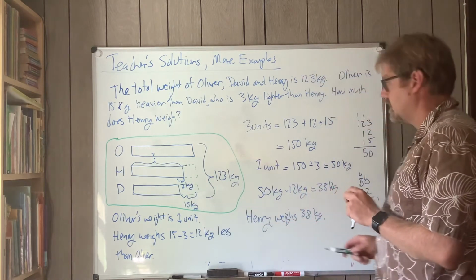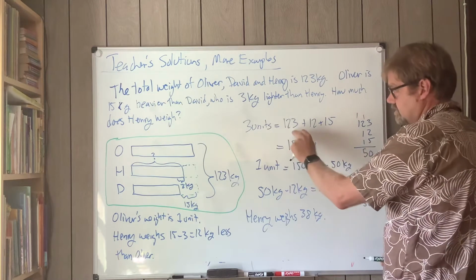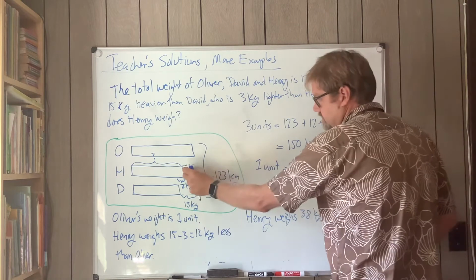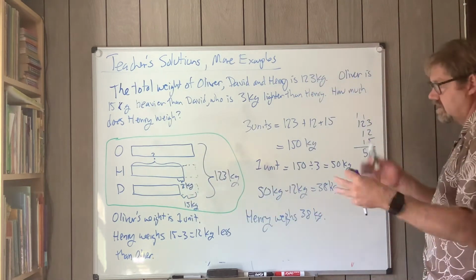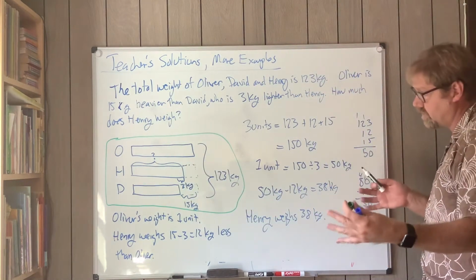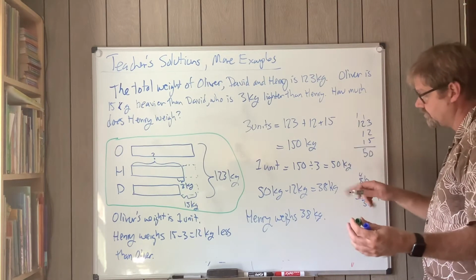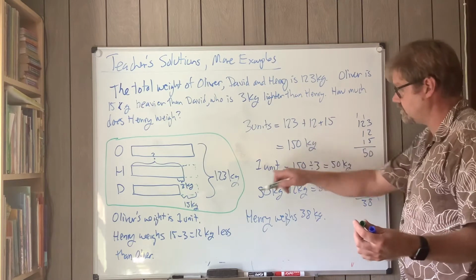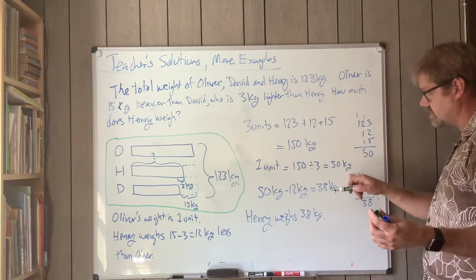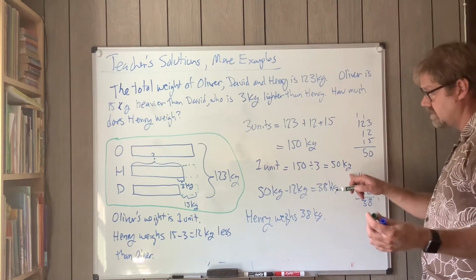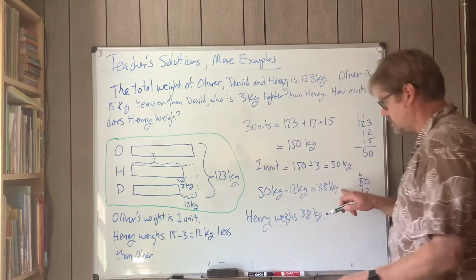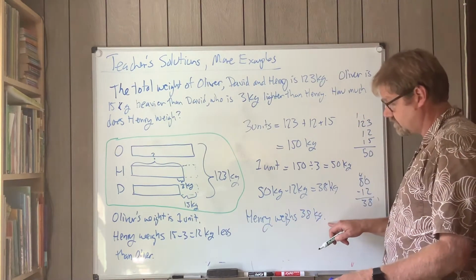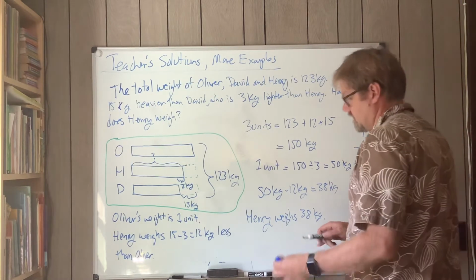And so if I take the 3 units, I take how much they all weigh and then add 12 and 15, which is these other 2 bars, I get all three full bars. Then if 3 units is this, 1 unit is that, which is 50 kilograms. We know Henry weighs 12 kilograms less, so I get Henry weighs 38 kilograms. All right.